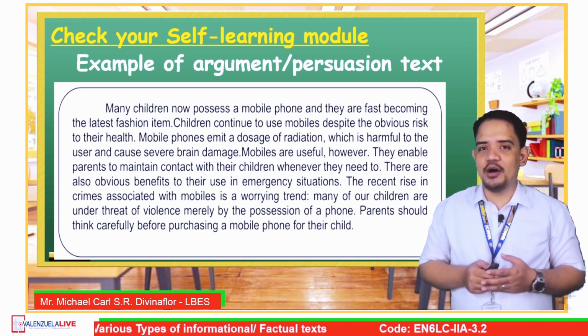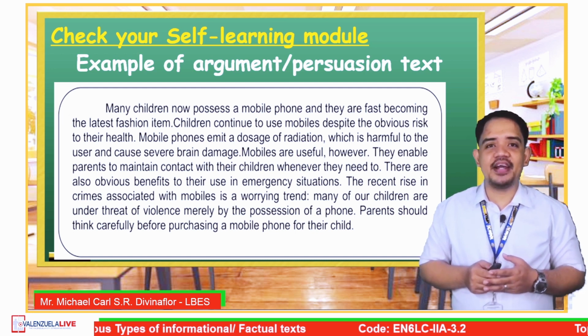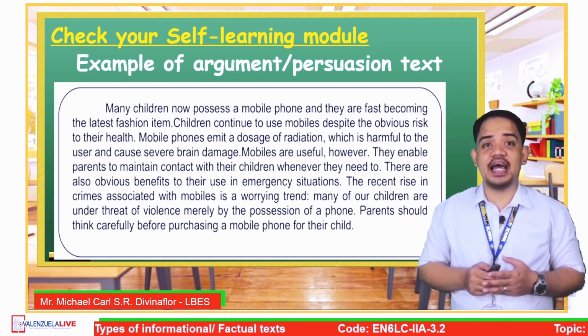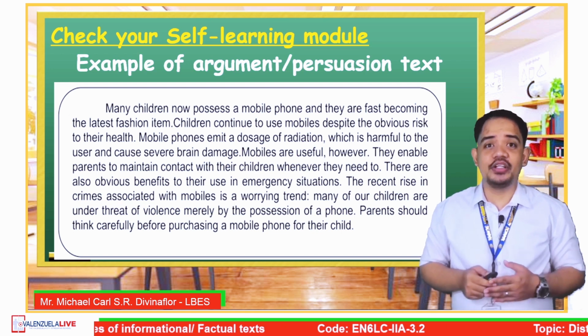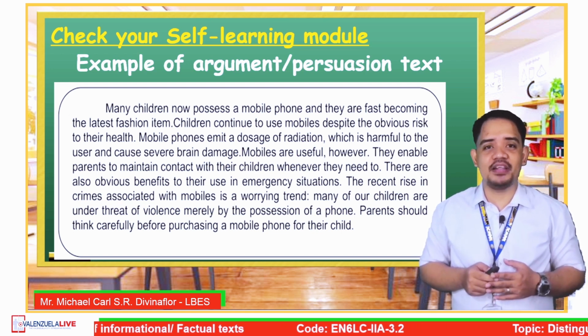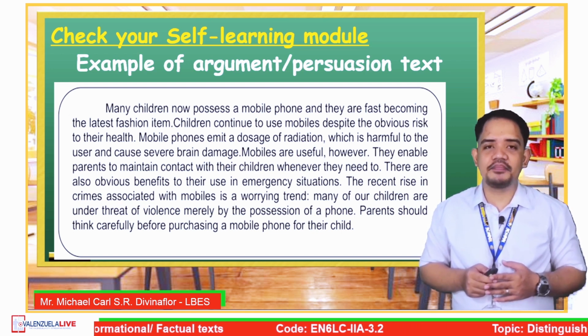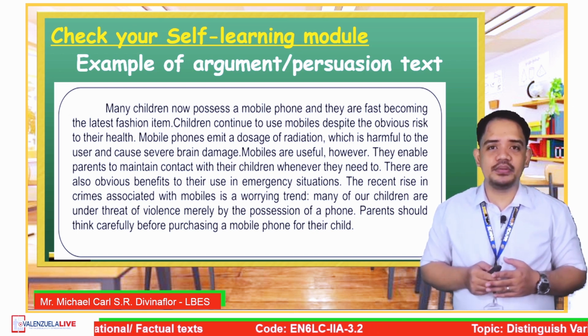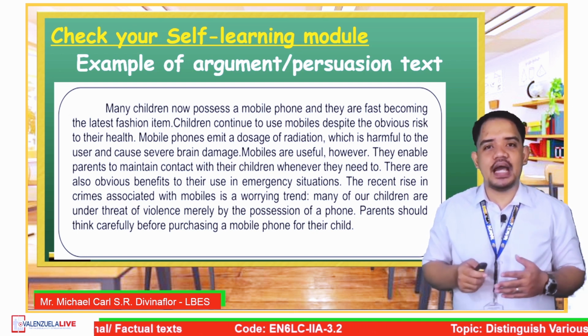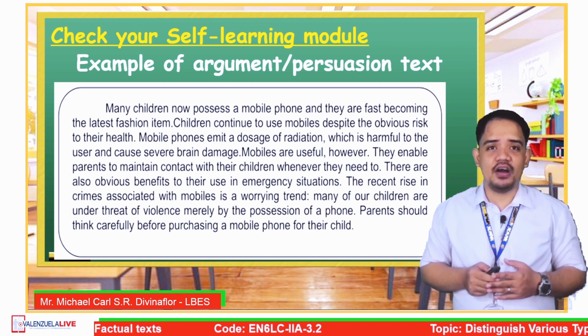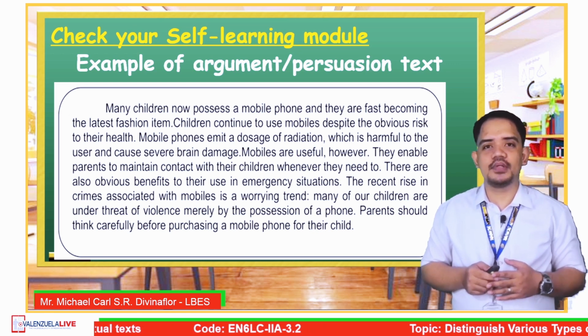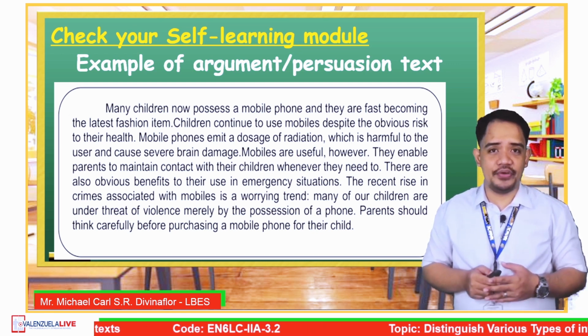Many children now possess a mobile phone and they are fast becoming the latest fashion item. Children continue to use mobiles despite the obvious risk to their health. Mobile phones emit a dosage of radiation, which is harmful to the user and can cause severe brain damage. Mobiles are useful, however.